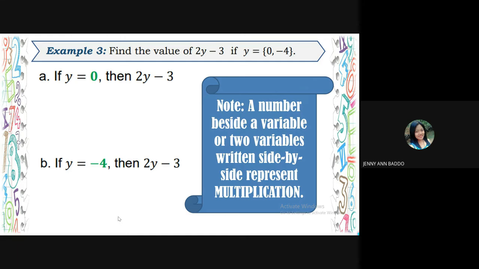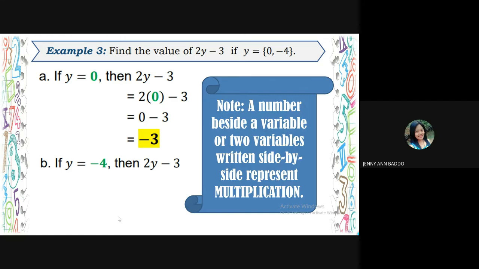So for 2y minus 3, if we substitute 0 for y, we do not have 20 minus 3, because the operation between 2 and y is multiplication. So we have 2 times 0 minus 3. And 2 times 0 is 0, minus 3 is negative 3.